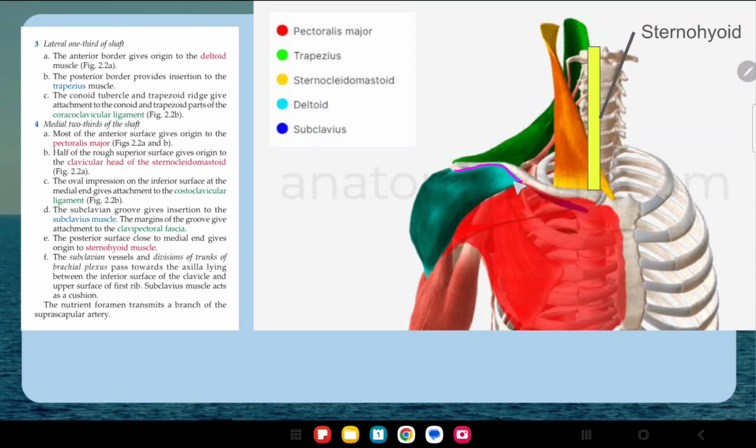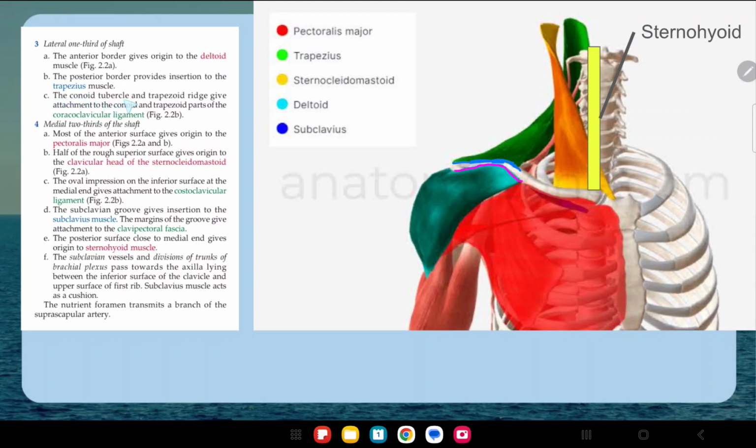This is the anterior border of the lateral one-third of the shaft, at which the deltoid muscle is arising. Part B, the posterior border gives insertion to the trapezius muscle. See the posterior border in blue color, giving attachment to the trapezius muscle.